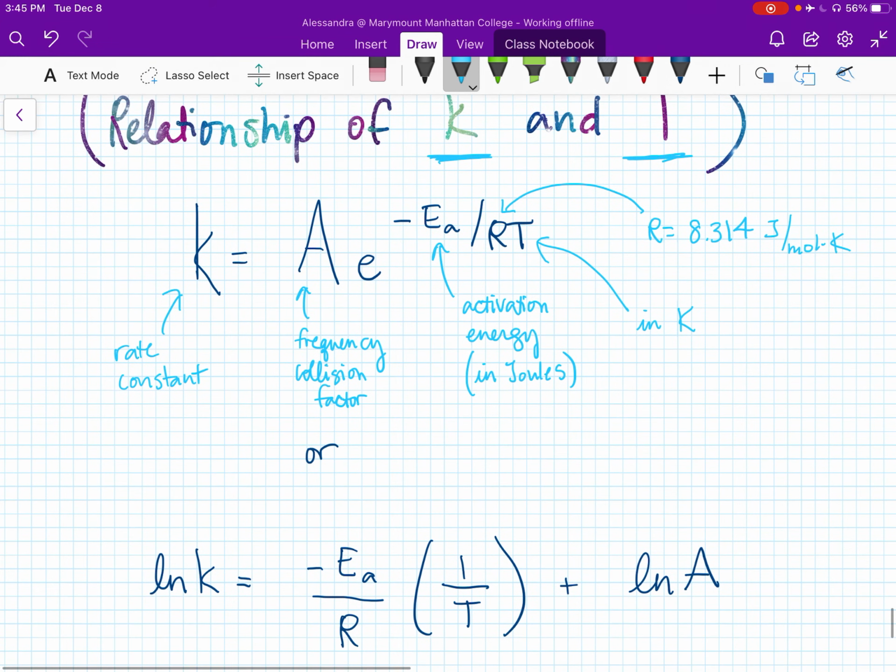You can also rearrange that equation to get rid of e using natural logs.